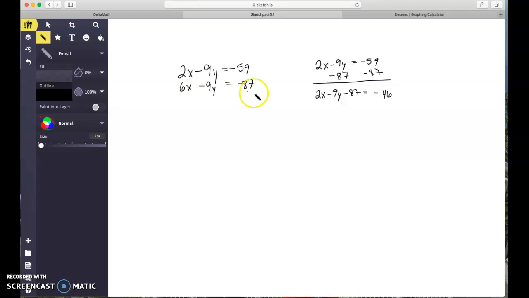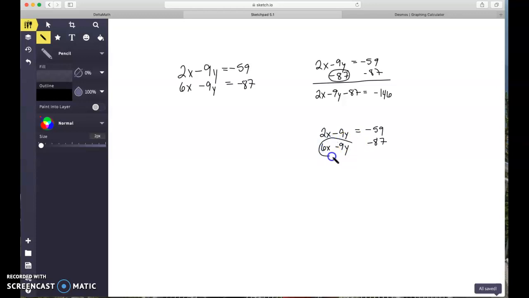So, since we know, hey, I can add the same thing to both sides of my equal sign, and I know that negative 87 right here is equivalent to this 6x minus 9y, right? Those are the same thing. So I could approach this problem equals negative 59 by subtracting 87 from the 59 or adding a negative 87 and also adding the 6x minus 9y, right?